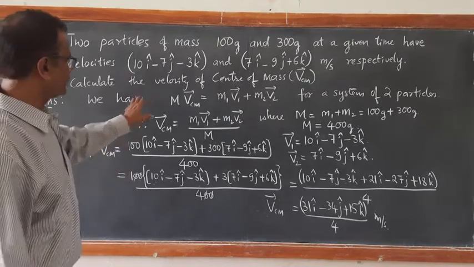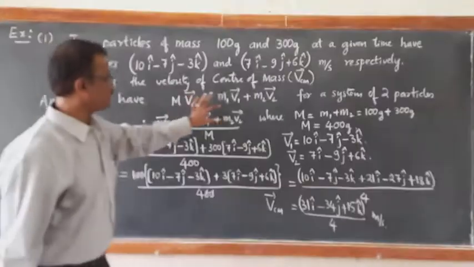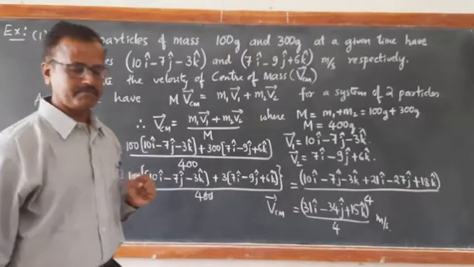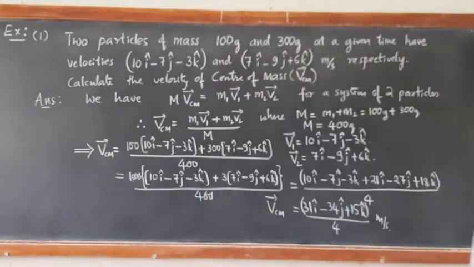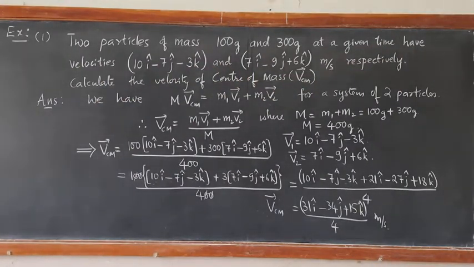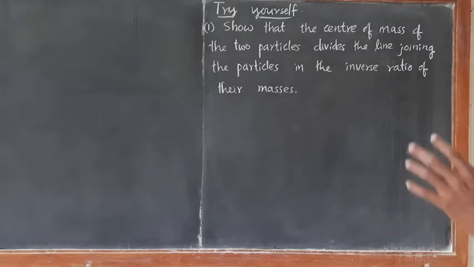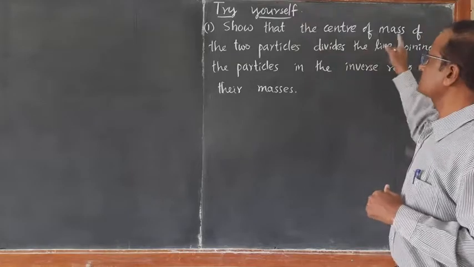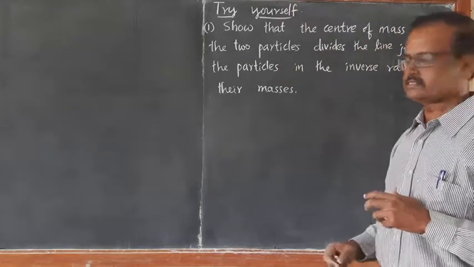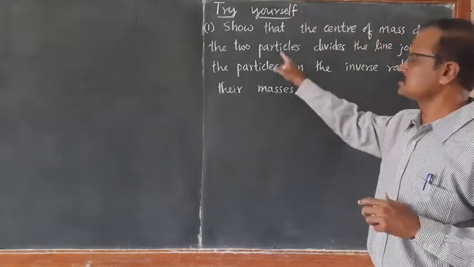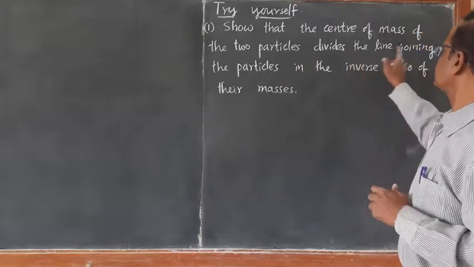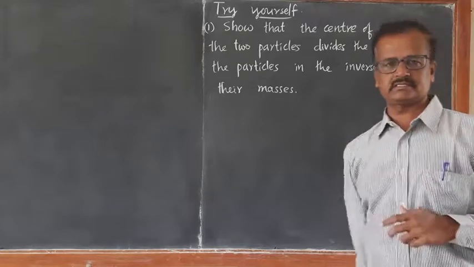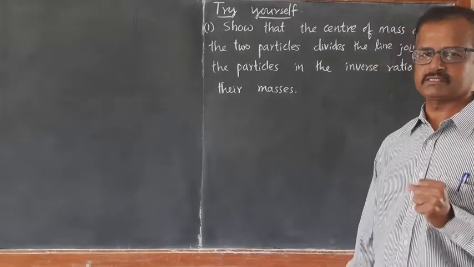The main thing that you need to remember is this equation of linear momentum of the center of mass. So I am just giving you one simple problem. Prove that the center of mass of a system of two particles divides the line joining the particles in the inverse ratio of their masses.